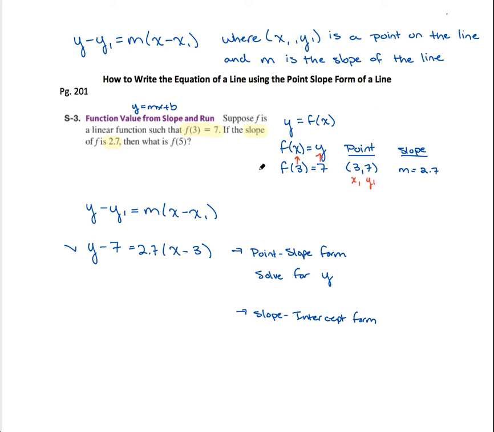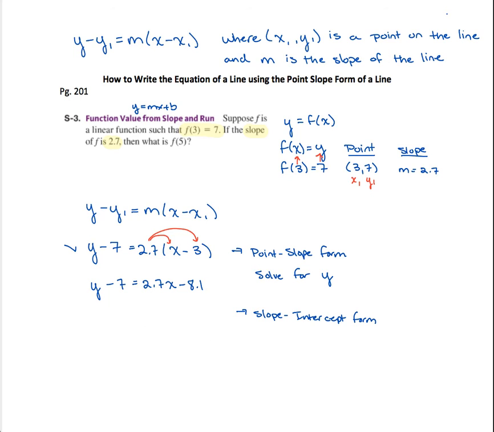So to do that, let's simplify this equation. The first thing we're going to do is distribute this 2.7 to the quantity inside the parentheses. So that gives us y minus 7 is equal to 2.7x, and then 2.7 times negative 3 gives us negative 8.1.